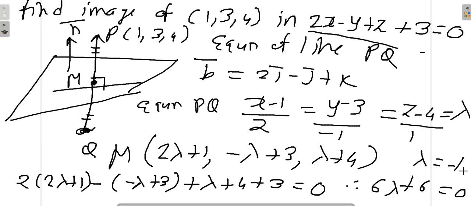So now we can find the coordinates of point M. By putting lambda equal to minus 1, we can get these coordinates.